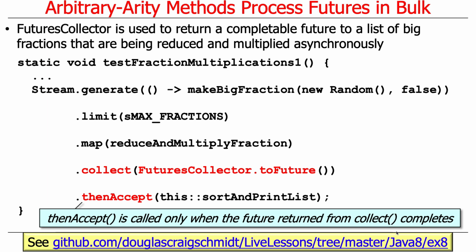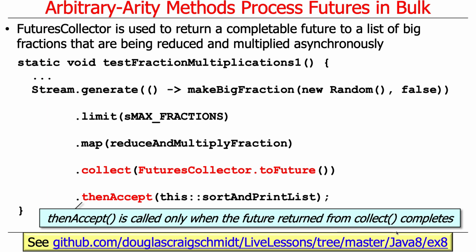And that completable future will then be handled by thenAccept when all the other computations finish running asynchronously. So thenAccept is only called when the future returned from collect completes, and the completable future returned from collect only completes when all the completable futures that were running in parallel as a result of this call to map complete.